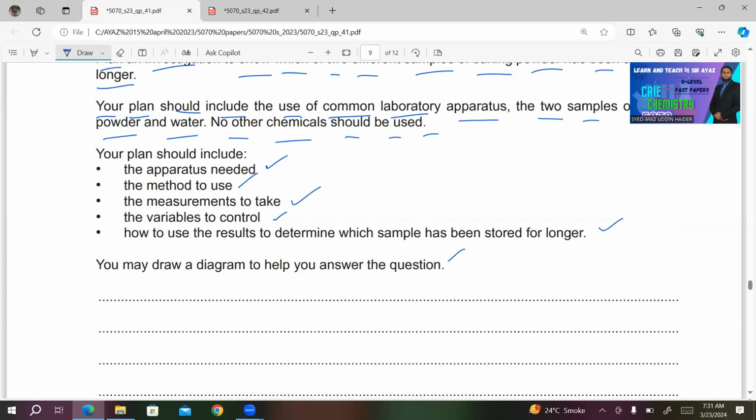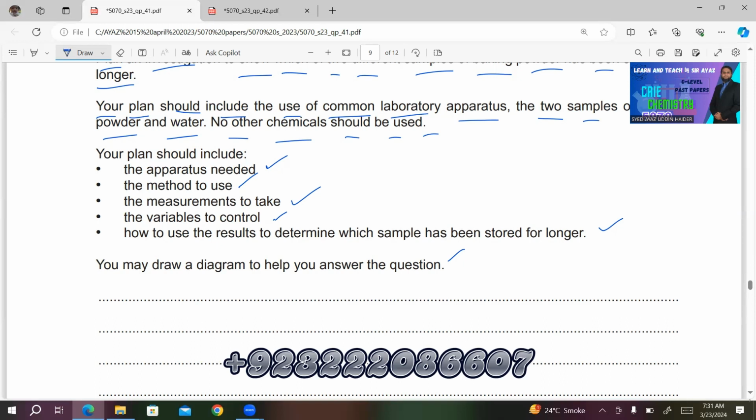But you have to label the apparatus. For method and measurement, you can write one of these statements: you are measuring the mass or amount of the sample, then you are adding water, then you are measuring the volume of gas produced, or measuring the time to turn lime water milky, because the lime water test is used to check the presence of carbon dioxide gas.